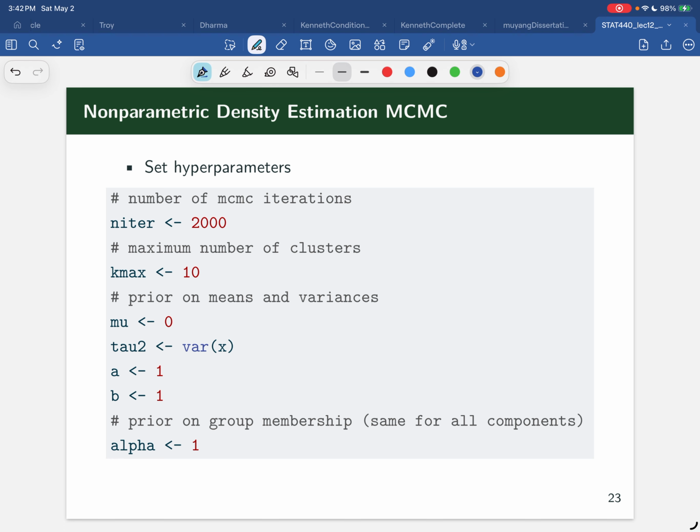As with all of our models, we need to start with some hyperparameters. So we're going to have 2,000 iterations. We are going to have a mean of 0 and a variance of the variance of x. Okay, A and B are going to be on the inverse gamma.